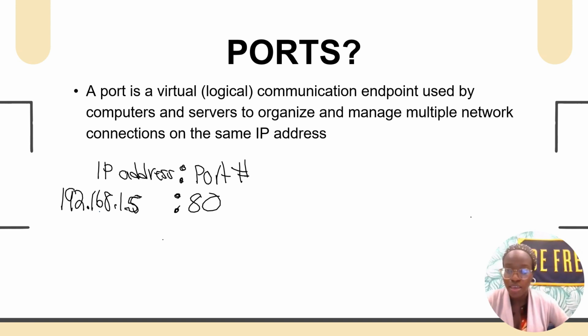So what this is saying is, hey, send this to the web server, HTTP, because I'm using port 80 on this device. And what's going to happen is that the operating system on the device is listening for incoming connections on specific port numbers. And it's going to route the packets to the correct applications based on the port number.